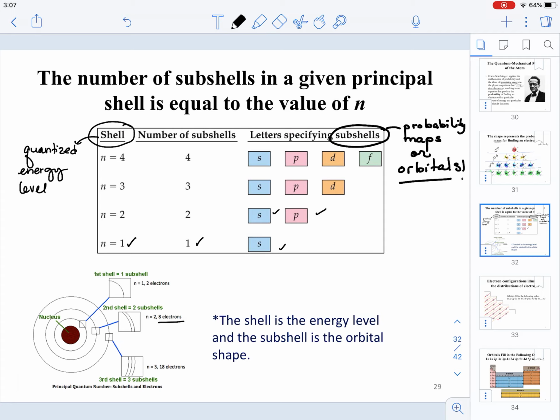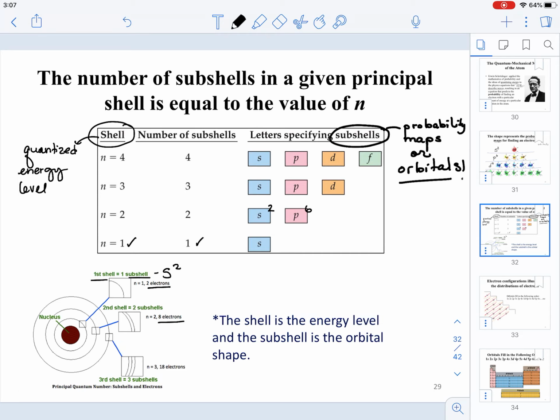For example, in this image at the bottom, the first shell has one subshell, and because that subshell is the S, and S can only hold 2 electrons, you see the number 2 here. In the second shell, there are 2 subshells, S and P. The reason we see 8 electrons there is that the S orbital can hold a maximum of 2 and the P orbital can hold a maximum of 6. That's where it comes from.